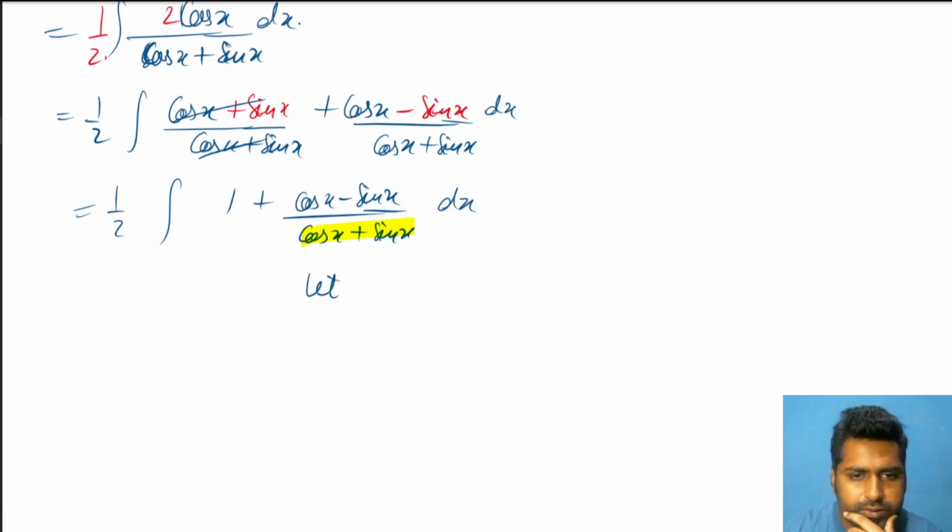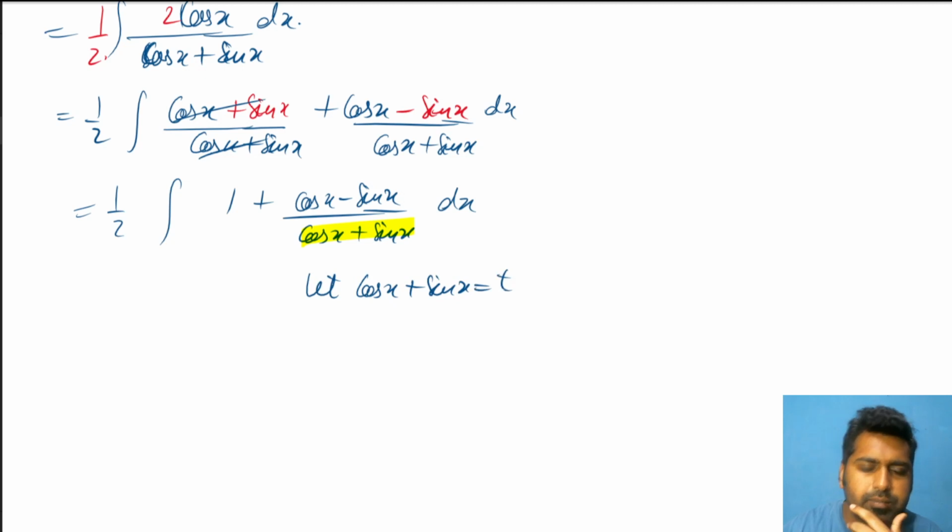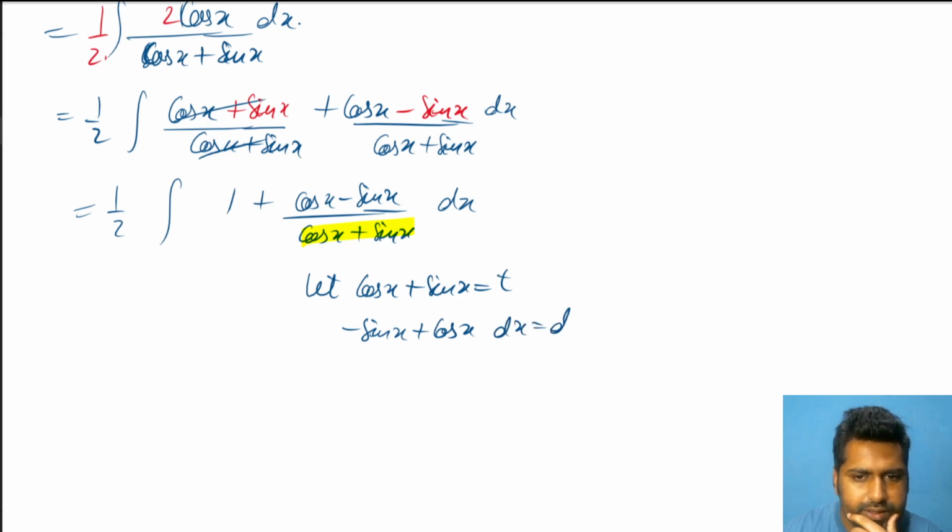So let cos x plus sin x be t. Differentiate this. So minus sin x plus cos x dx is equal to dt. Isn't this the same expression? This color is not okay, let me get a light color. This is okay.